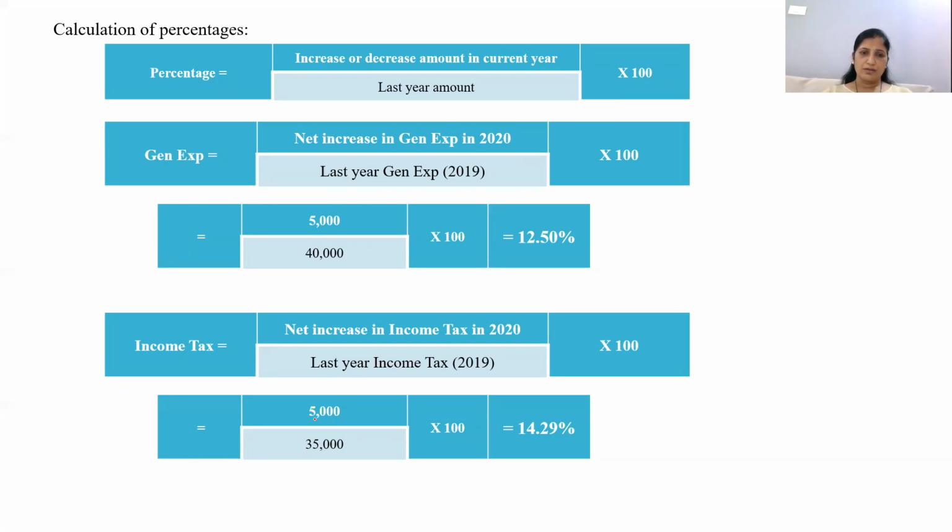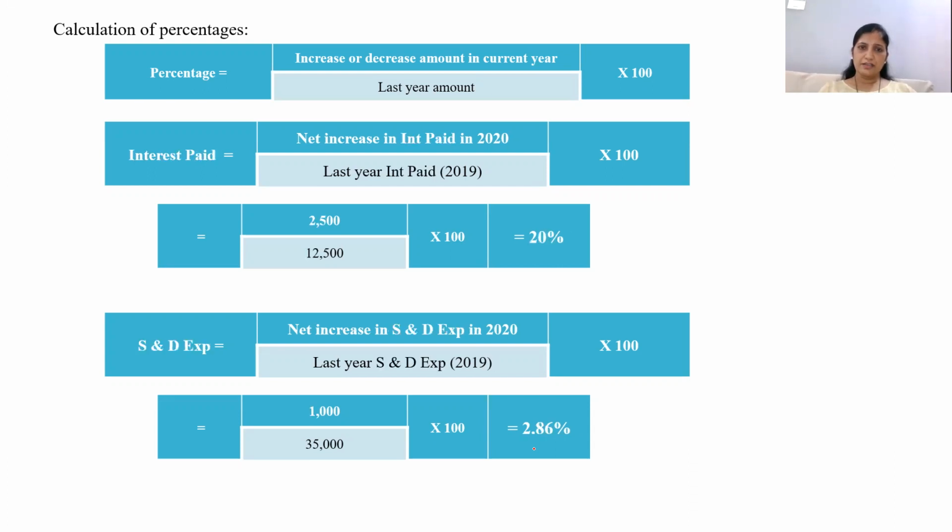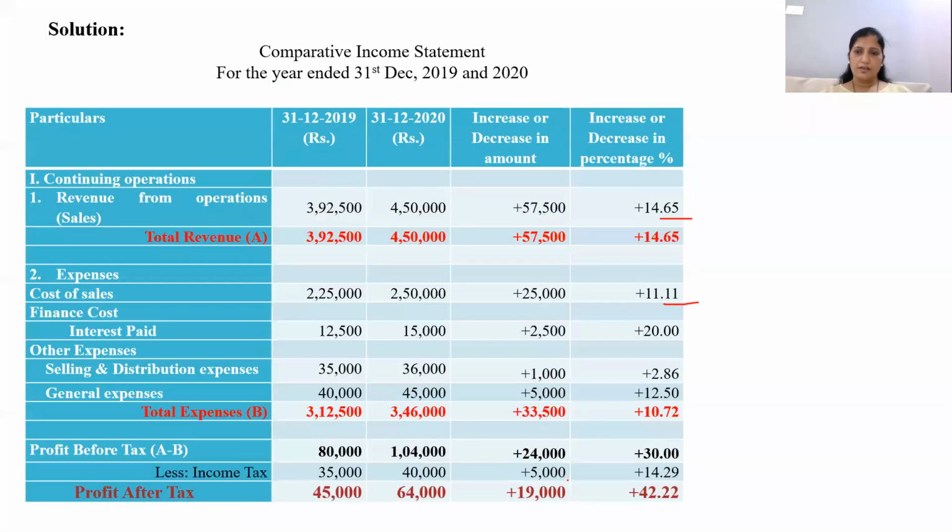So 5,000 divided by 35,000 into 100, you will get 14.29. The formula will be the same, the figures will differ. So these are the percentages. Just take down all of these and calculate. Working notes are very important, that is, the calculation of percentages. You have to calculate the percentages in your working notes, and the same figures have to be carried into this table.